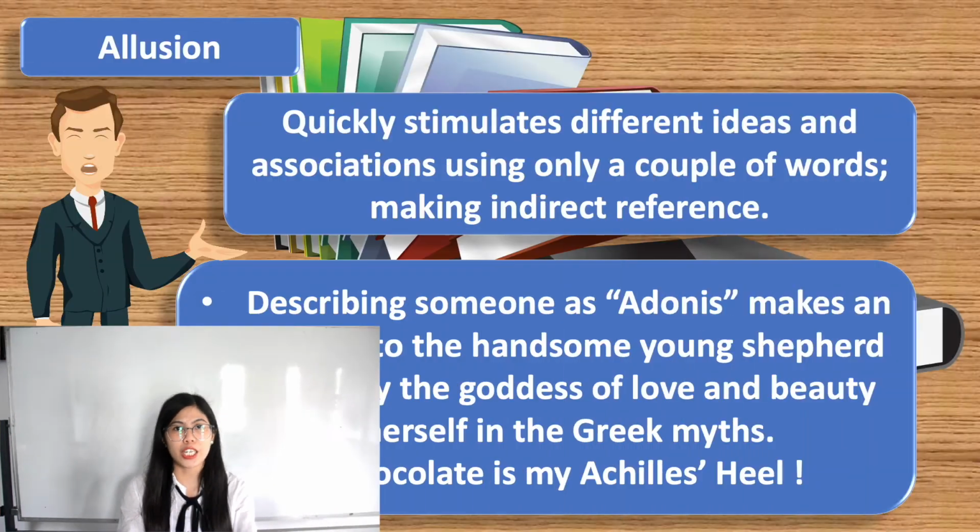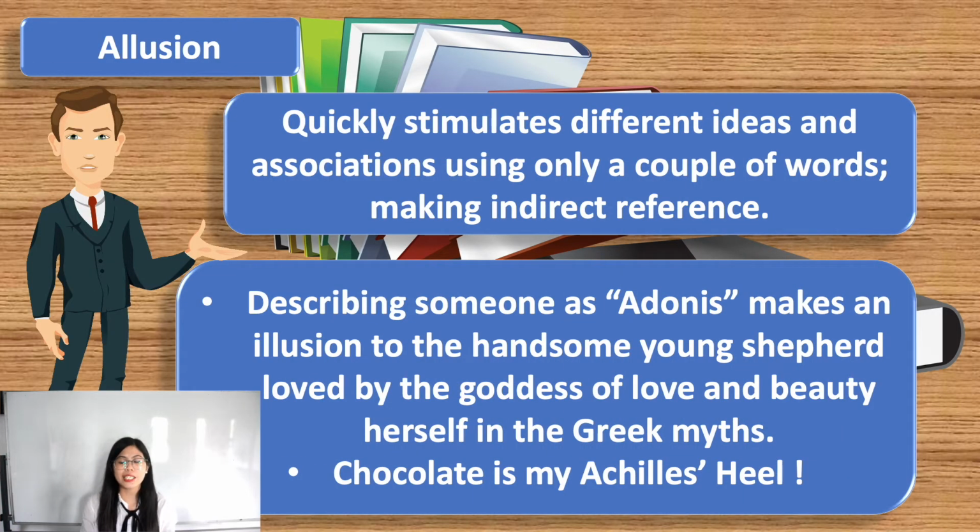Next, we have allusion. It quickly stimulates different ideas and associations using only a couple of words, making indirect reference. In short, allusion makes reference to something or someone else. Example, describing someone as Adonis makes an allusion to the handsome young shepherd loved by the goddess of love and beauty herself in the great myths.